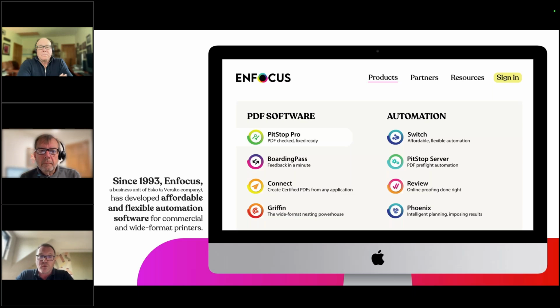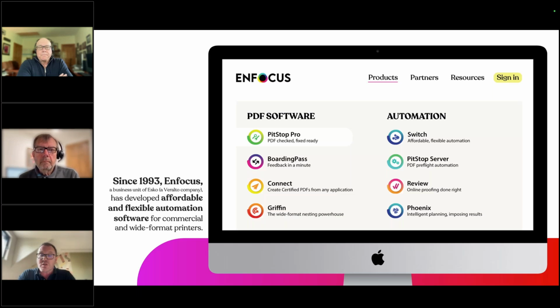What we are focusing on is to develop affordable and flexible automation for commercial print and wide format companies. Next to Pitstop Pro, we also have automation software called Enfocus Switch. This is our middleware that connects anything with everything, where also Meadows is a partner of and part of our Works with Enfocus Switch program.